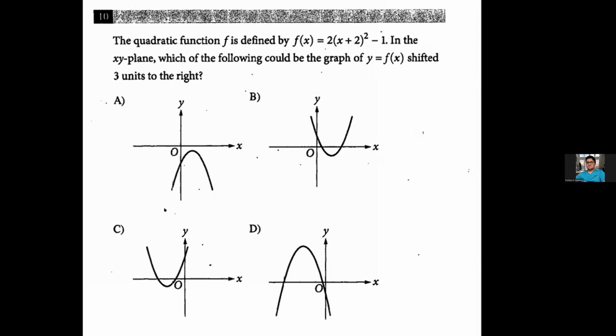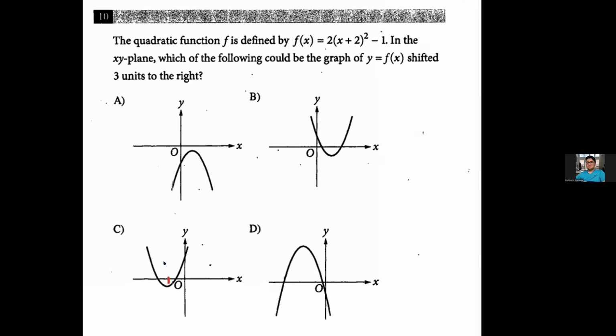Quadratic function, which of the following could be the graph, shifted 3 units to the right? You can put this into your calculator, but in this case, it's already in vertex form. So this would just be from the origin, go left 2 units, down 1 unit. So it looks something like this.